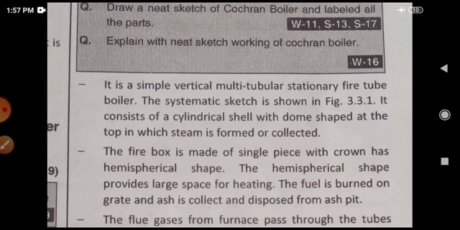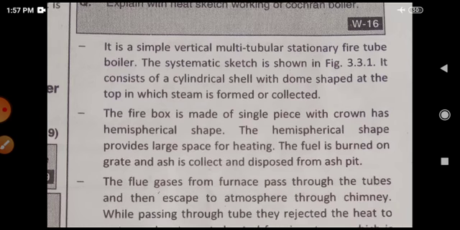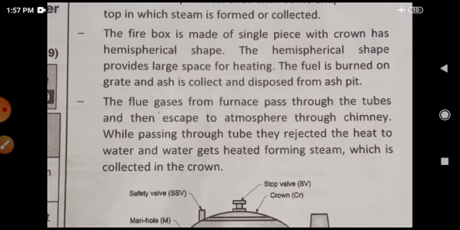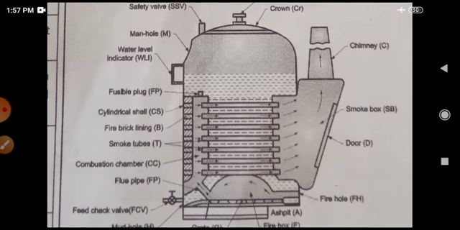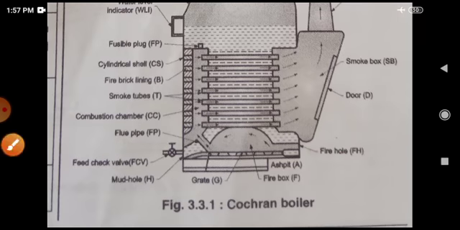The fuel is burnt on grate, and ash is collected and disposed of from ash pits. The flue gases from the furnace pass through the tubes and then escape to the atmosphere through the chimney. While passing through the tubes, they reject the heat to water, and water gets heated, forming steam, which is collected in the dome. Let me show you again.